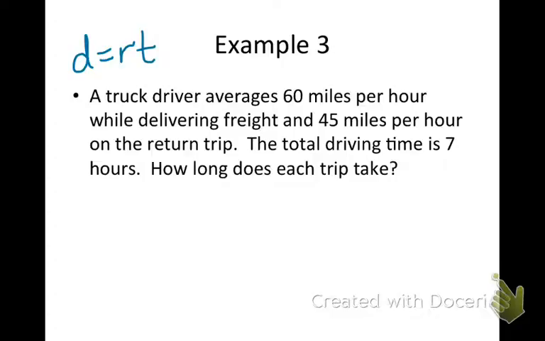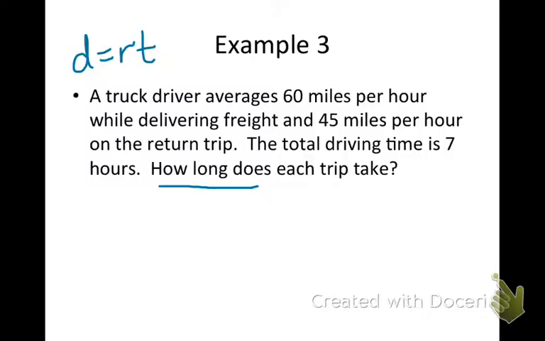The question is, how long does each trip take? So he has a different rate delivering as returning. So the two trips together, delivering and returning, are a total of 7 hours. We need to know the time for delivering and time for returning.